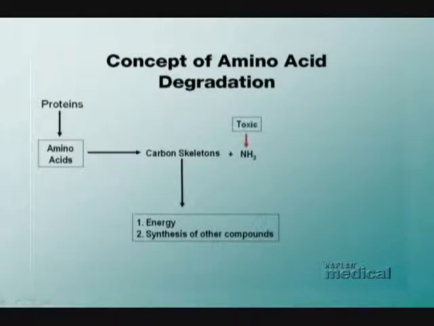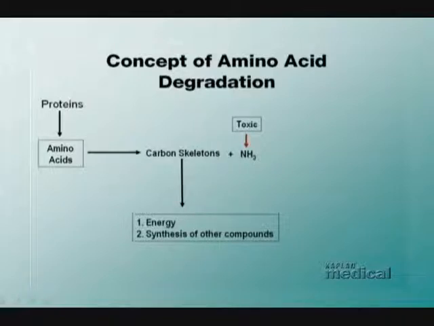Now, the amino group that breaks off of the amino acid ends up turning into ammonia, or ammonium, NH4+, the form that would usually predominate. The point is that ammonia is very toxic to the cell, so the body has to get rid of it.